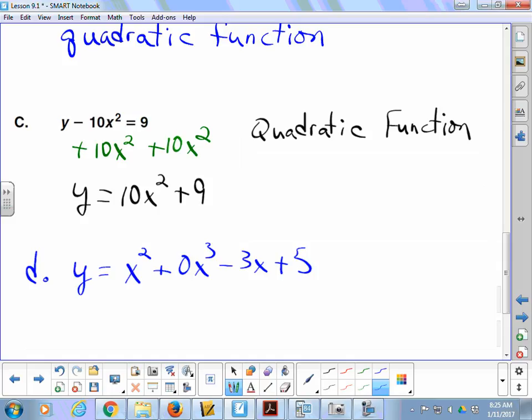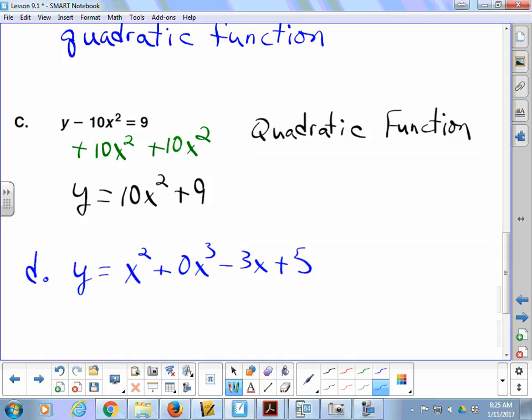No. Why not? Because there's a power of 3. Okay, now I made it a trick question. There is a power of 3, but I'm testing you to see if you understand, with that power of 3, what's the coefficient of that power of 3?